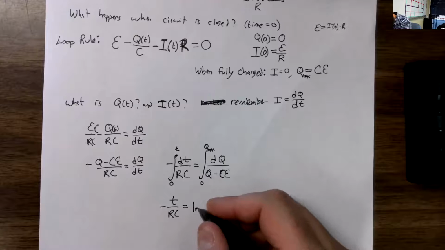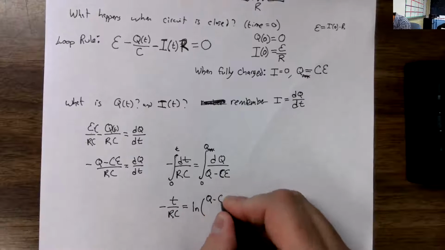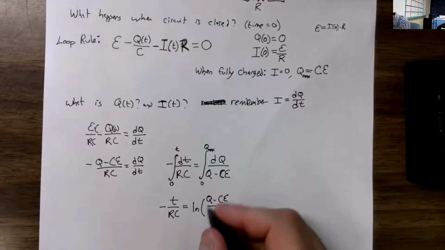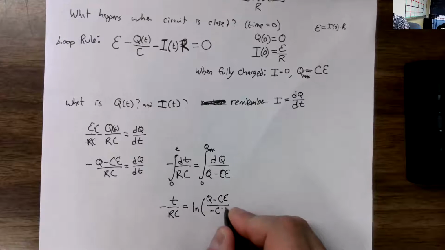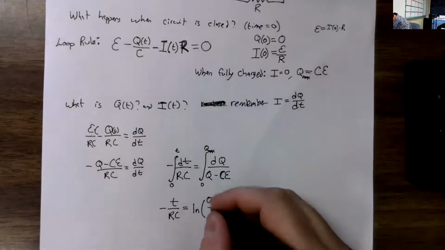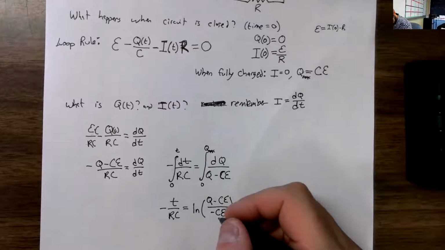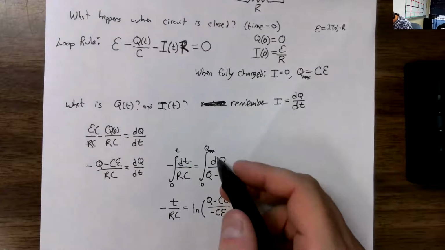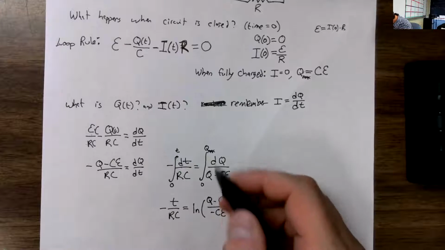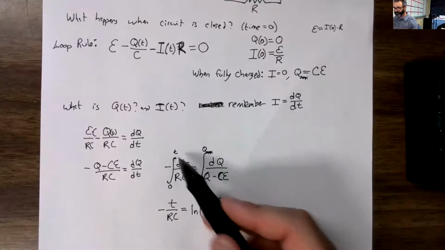What I should get is the natural log of q minus CE over minus CE, and that's really q max. No, this is just q. I shouldn't call this q max. This is for any charge q at any time t.